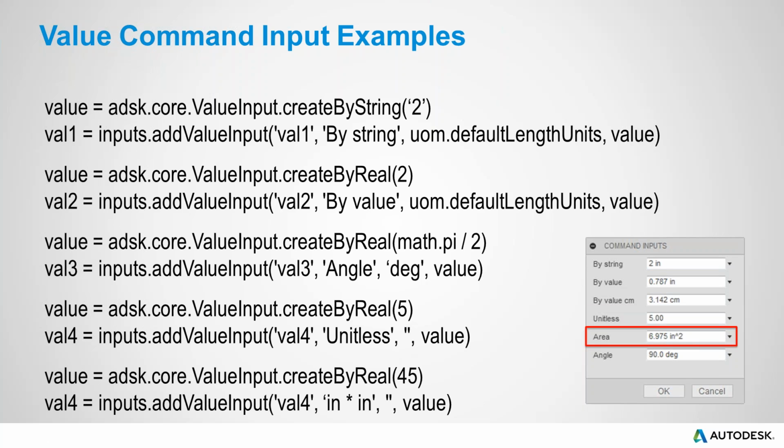And then here's how I created the area one. Right. So I'm creating it by real. So remember, that's going to be in centimeters. So in this case, since it's an area, it's 45 square centimeters. And then the unit type is inch times inch. And then it converts it to inches, and that's what's displayed.